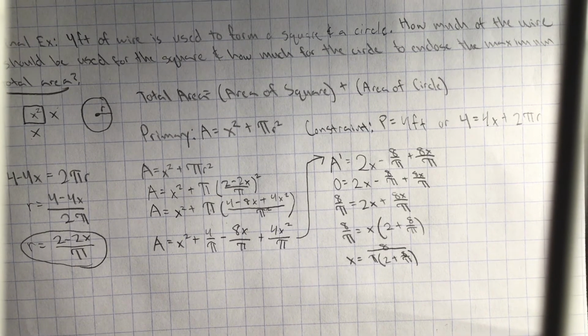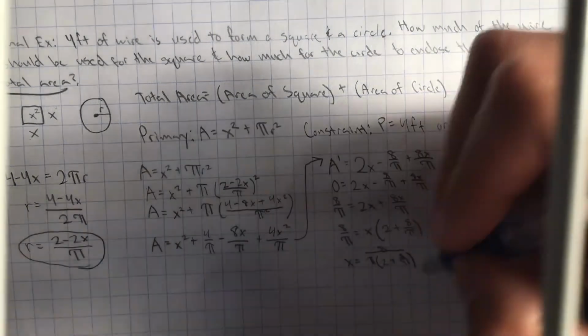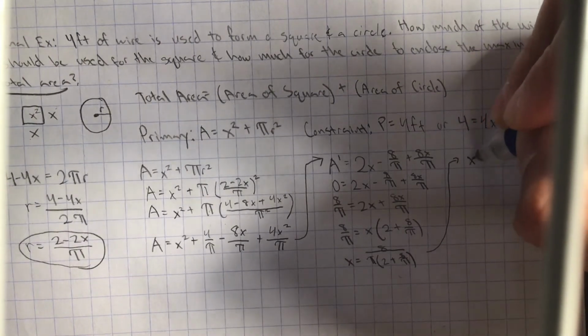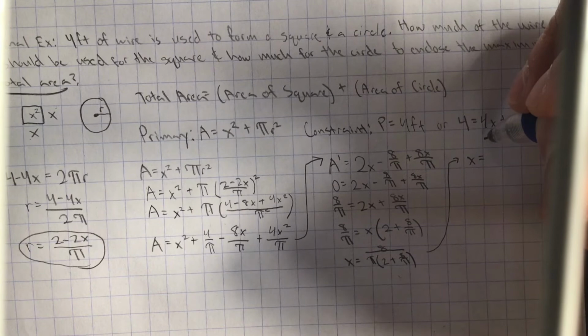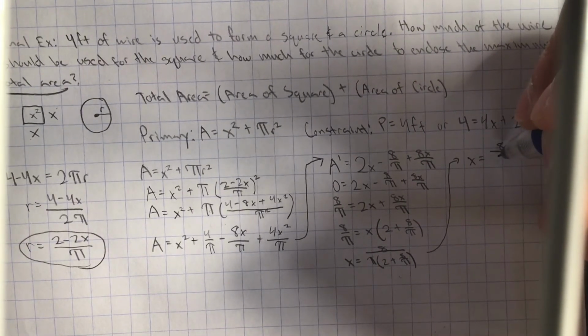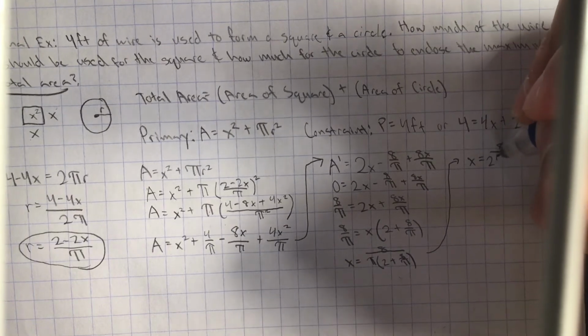And then we can simplify that by distributing pi to what's in the parentheses, so that x equals 8 over 2 pi plus 8. Pi is canceled out in the second term.